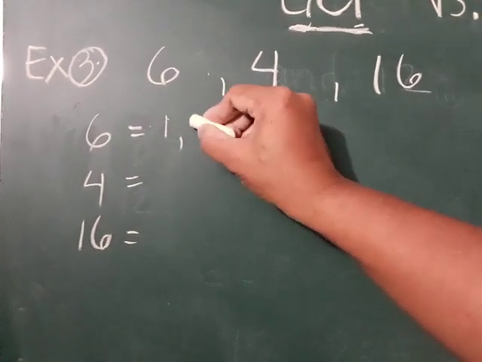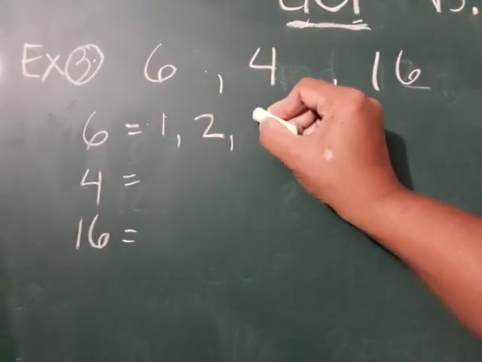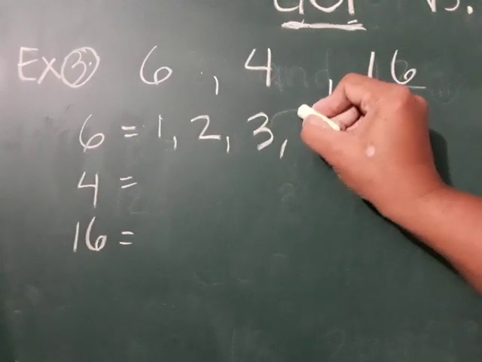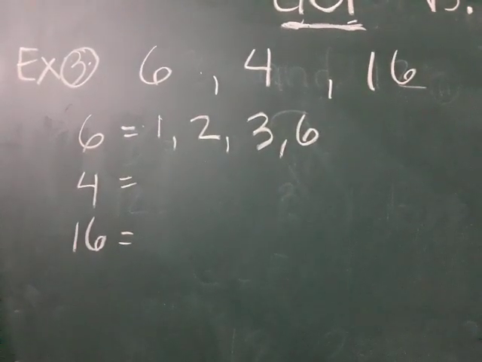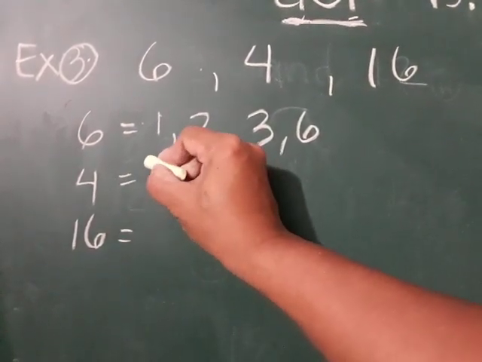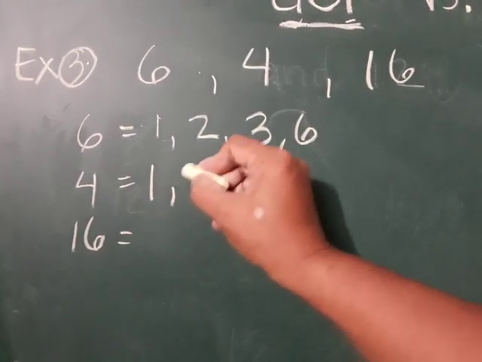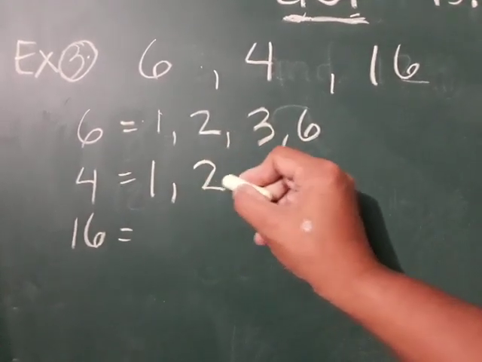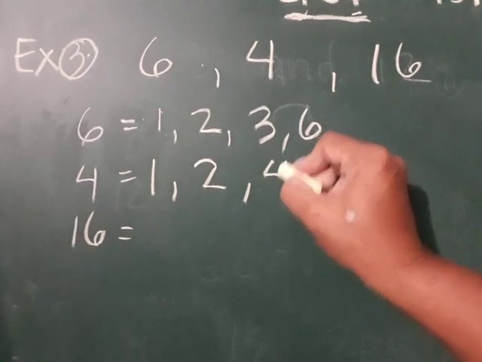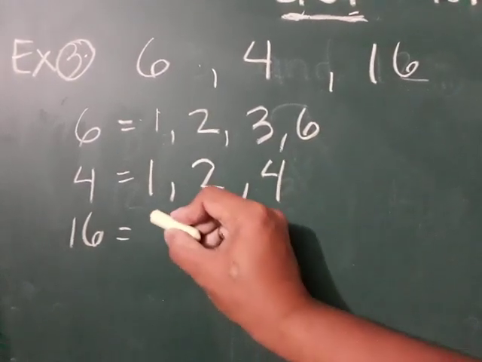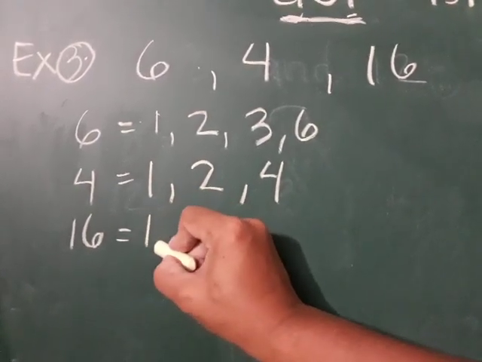So we have 1, 2, 3, and 6. Okay, so 4, of course, is divisible by 1. 4 is also divisible by 2. And of course, 4 itself. And for 16, 16 is divisible by 1.